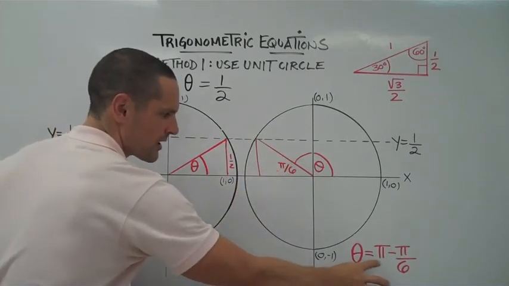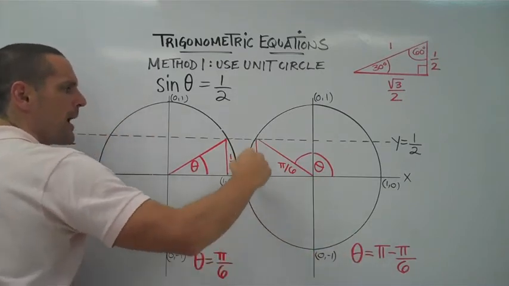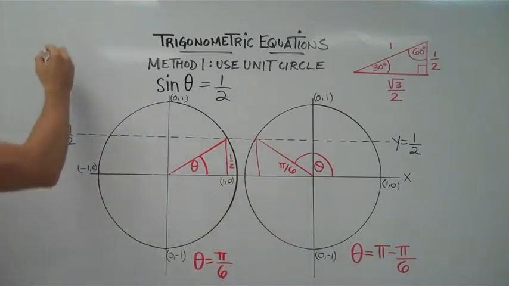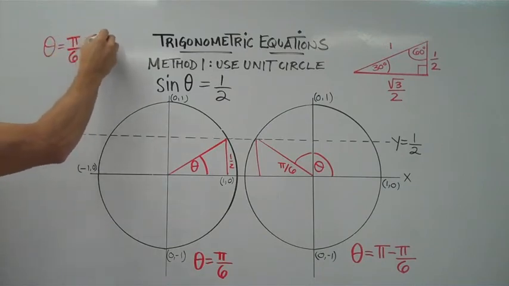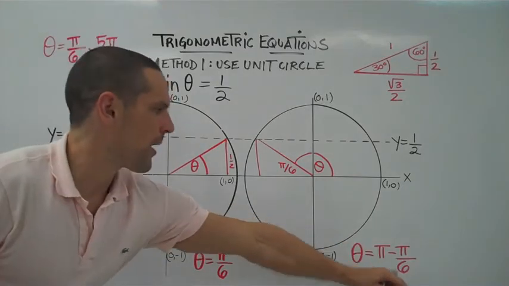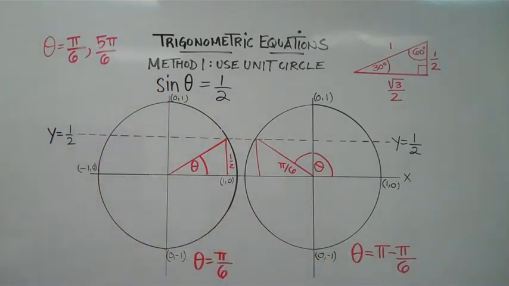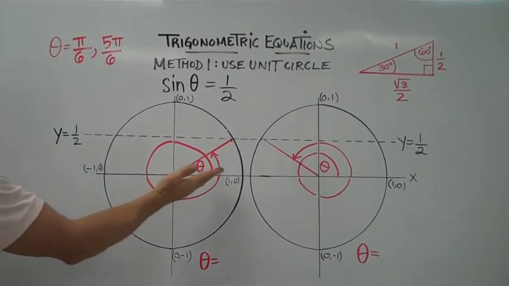So theta is equal to pi over 6 here, and then pi minus pi over 6. I back it up a little bit. So far we have theta equals pi over 6, and then 5 pi over 6, which would be pi minus pi over 6.